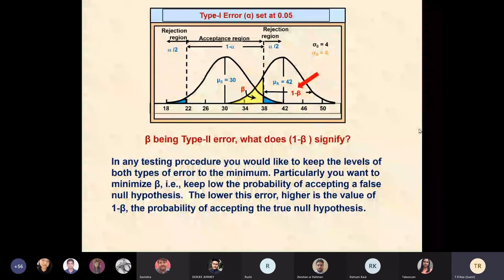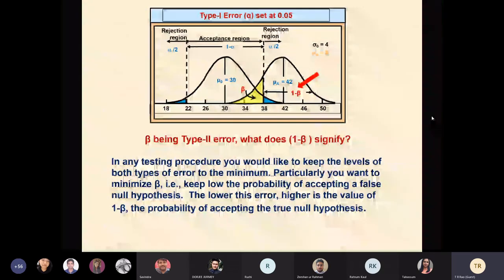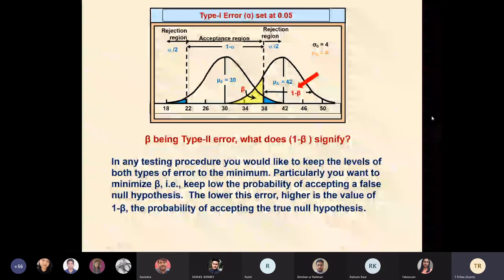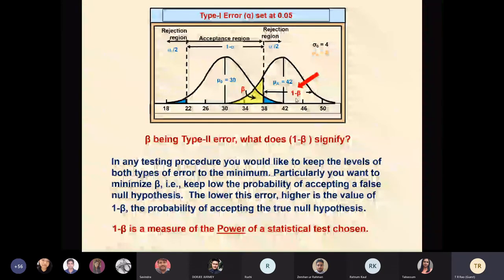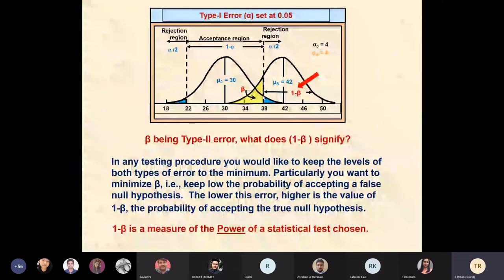However, you can indirectly select parameters like sample size and alpha levels such that you reduce this possibility. That's why this 1 minus beta refers to the power of the test, the statistical power of the test. So when somebody says, I have chosen a very powerful test for my data, he means this. He wants to keep this as high as possible and minimize this. All right.